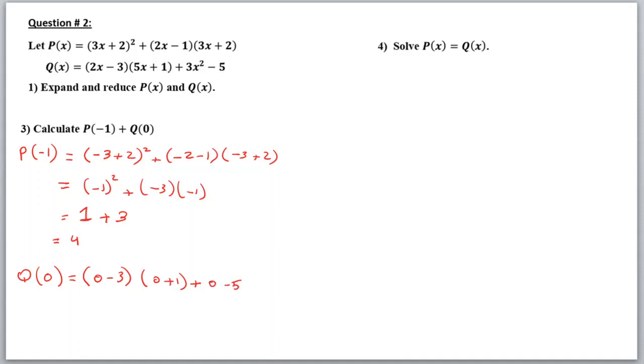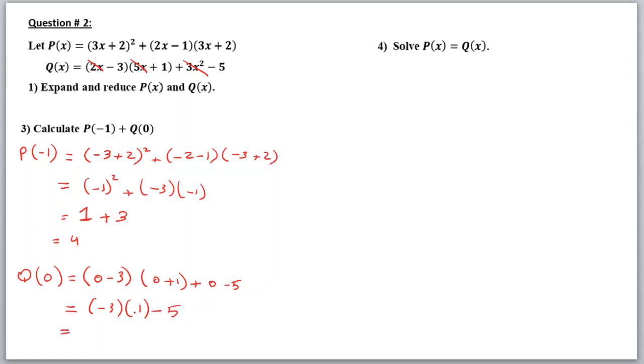I replaced all x by 0, so this will be 0, and this will be 0, and this will be 0. So the final answer will be here: minus 3 times 1 plus 0 minus 5. The 0 we cancel it. So it will be minus 5 like this.